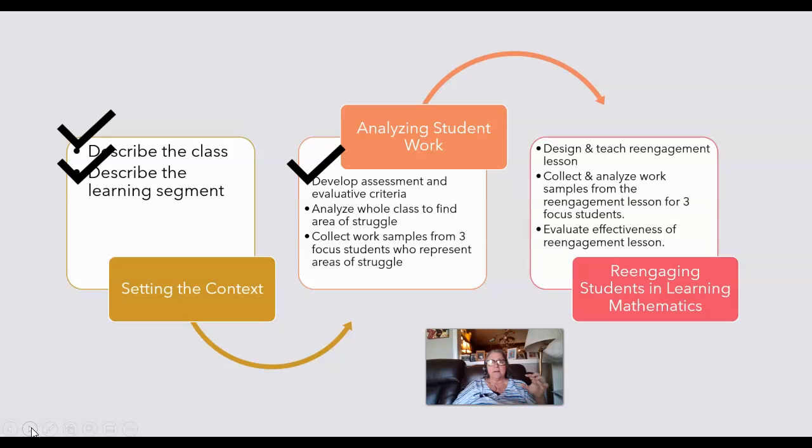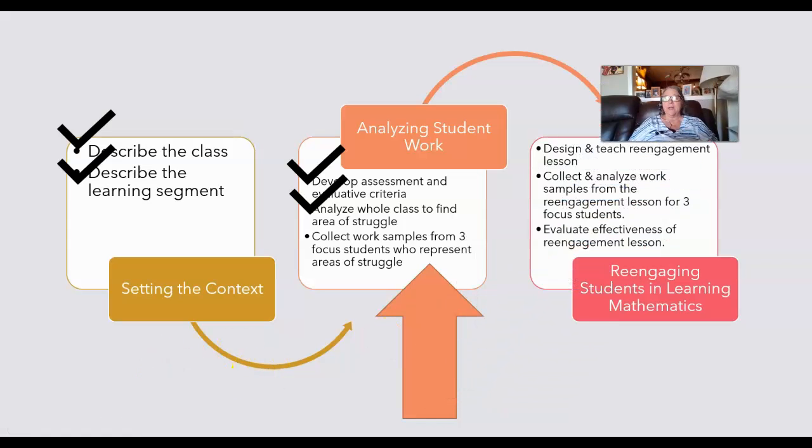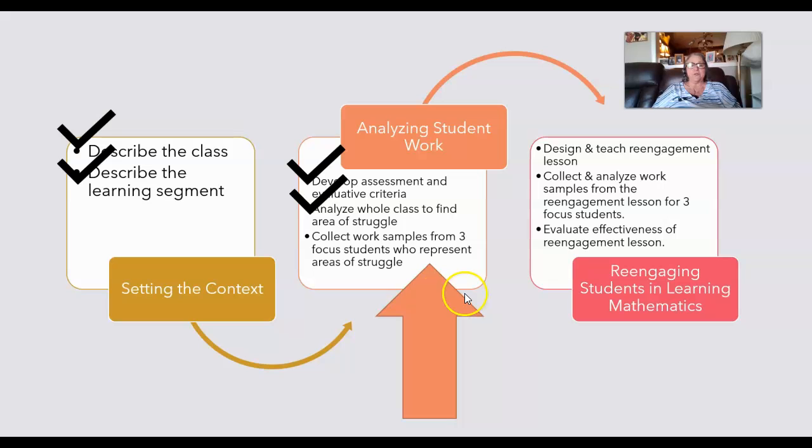And in task 4, prompt 1, you would have analyzed the whole class to find areas of struggle. Now, where we are right now is here, and we are looking at the work samples that you collected from 3 focus students who represent an area of struggle.